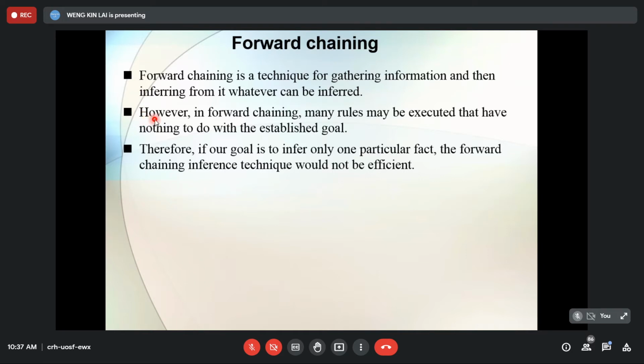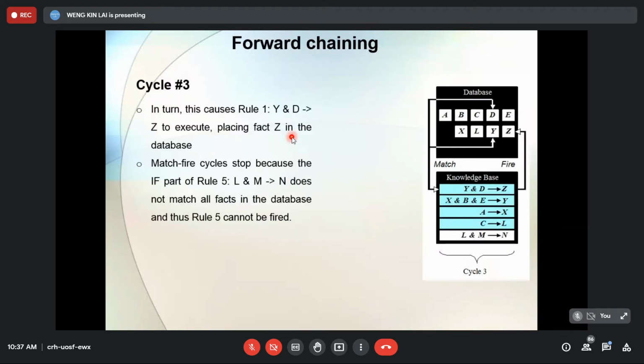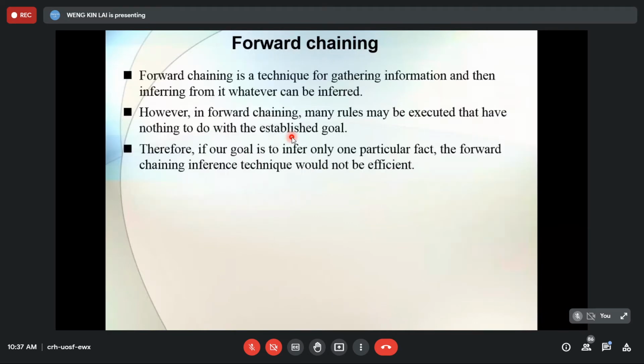However, in forward chaining, you can clearly see that many rules may be executed that have nothing to do with the established goal. I think later on you'll see what we mean by that. So if, let's say, our goal is to infer only one particular fact, the forward chaining technique can be seen to be inefficient.